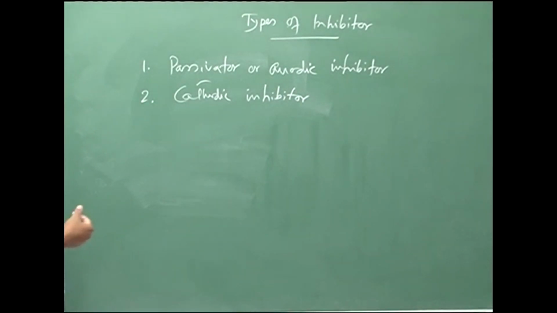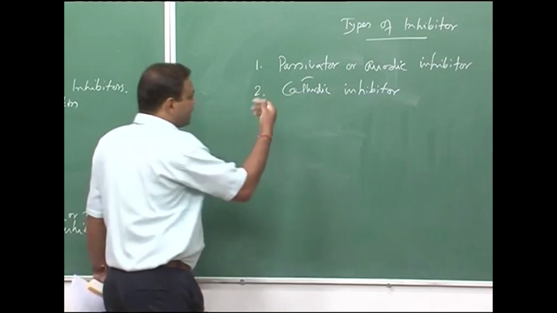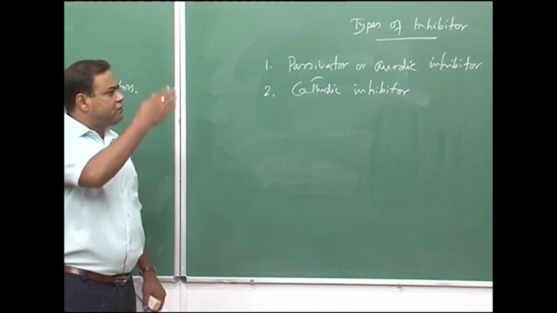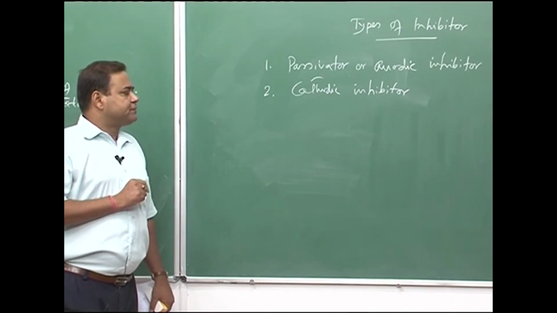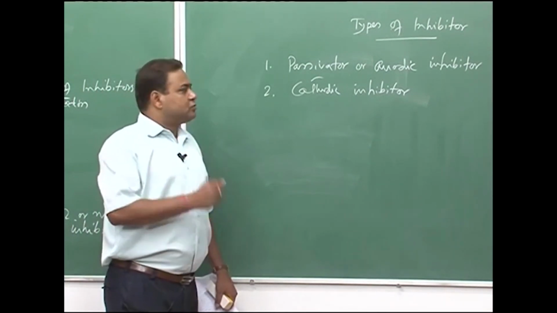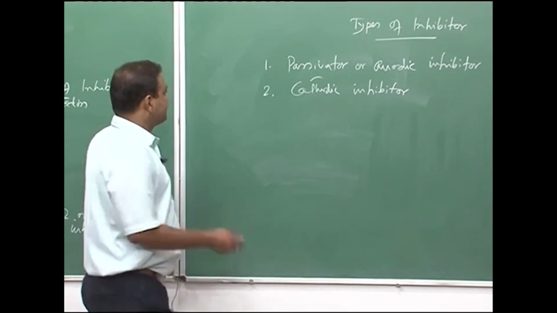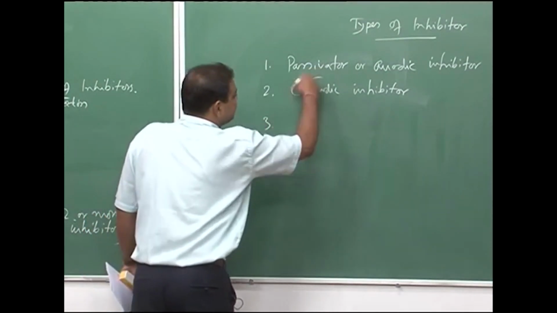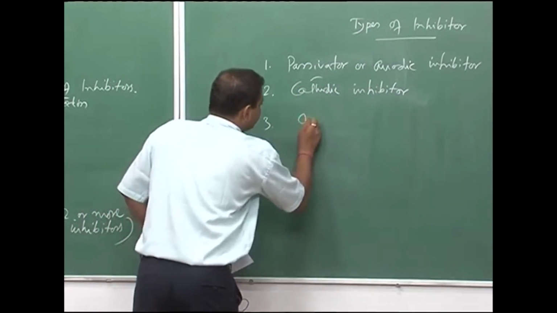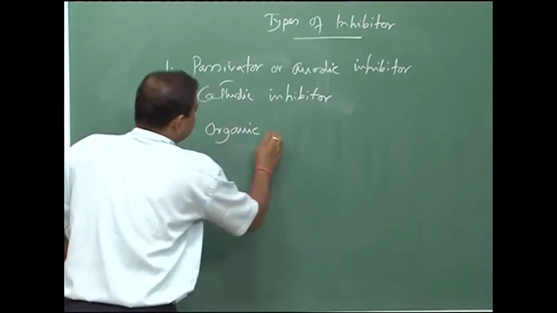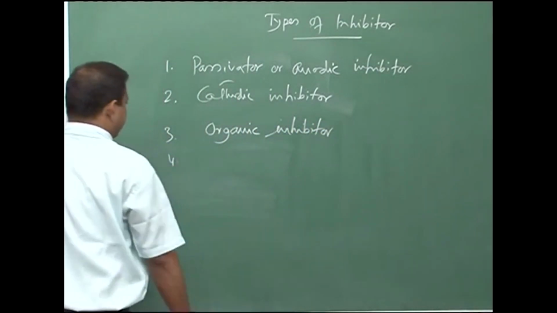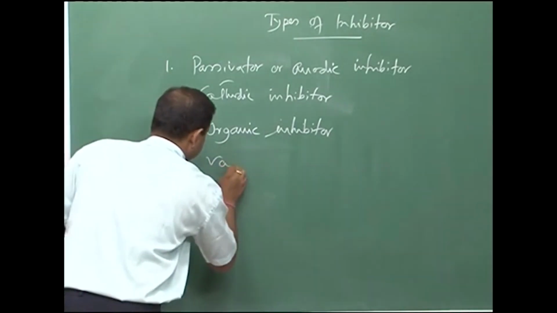And there could be another variety which can be either cathodic or anodic, that is called barrier type inhibitor, which forms a barrier on the surface of the metal, and that barrier will not allow the corrosive species to react with the metal. Then organic inhibitor, and fourth is the vapor phase inhibitor.